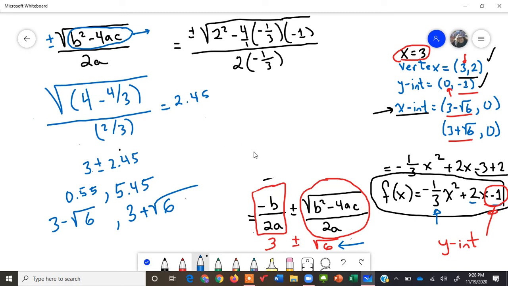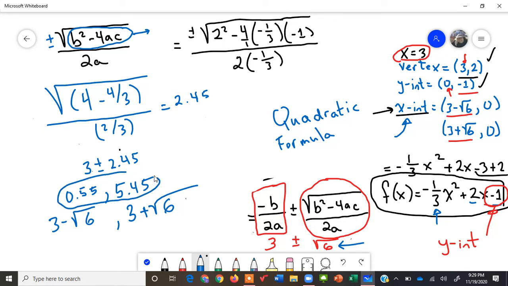So whenever you're working with standard form, it takes a little bit more work to find the x-intercepts, but you're going to simply use the quadratic formula. And if you're doing this for a practical application, you can just use your calculator and get decimal approximations, and you don't have to worry about simplifying the radical.